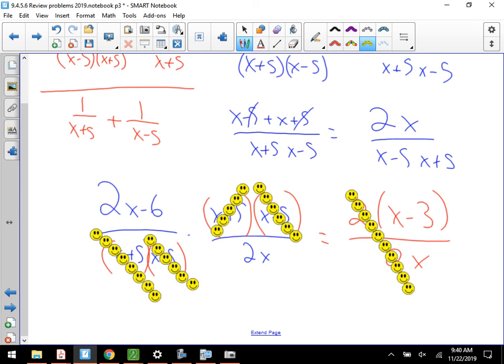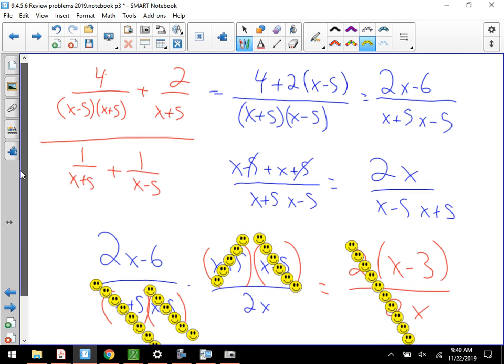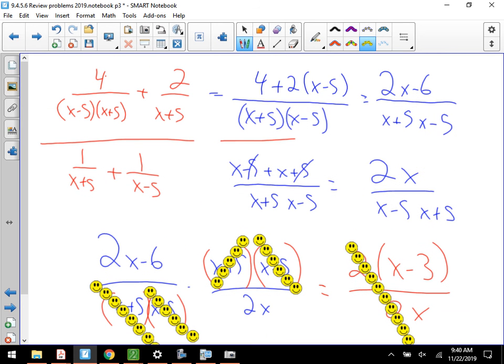Wait, so the blue. This is still the fraction. This is still the fraction. I was just separating them up. Why should the denominator, can you cross out both of those? Like, what did you cross out?